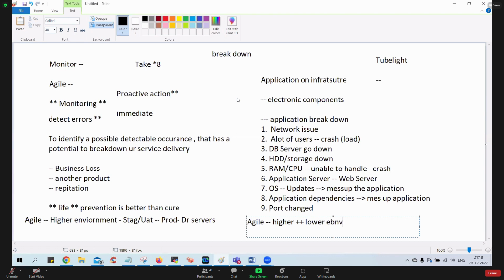So in DevOps, we club both. We apply the monitoring technique in the higher environment, and we also apply it in the lower environment. Can you tell me the reason why Patrick felt that the lower environment also needs monitoring services? Any reason for this? Which was missing in Agile?